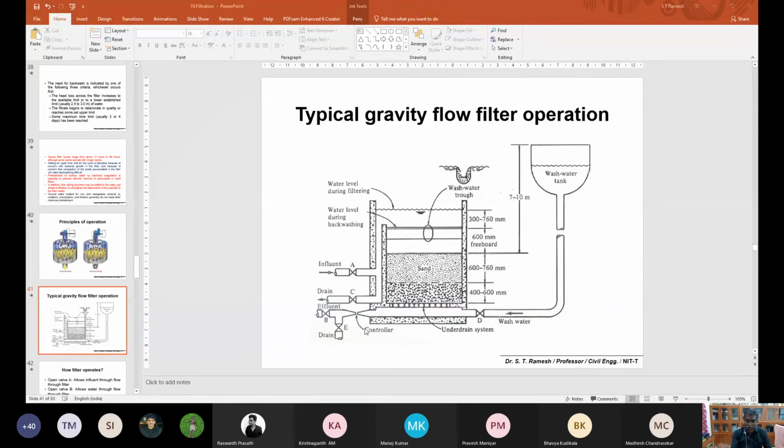Whatever we are seeing is the different classification of filters and the components of the filter, the different types of filters with respect to monomedia, dual media, and triple media filters, and how the transport mechanisms work inside the filter. We have discussed three mechanisms: one is straining, second is sedimentation, and third is centrifugal and inertial forces.